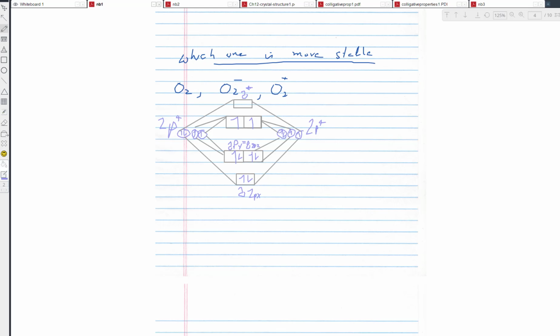Wait a minute, what are you writing here? 2py, 2pz? Yes, but you are forgetting pi. Oh, it's pi, because that's pi. I put sigma. All right: pi 2py, pi 2pz.